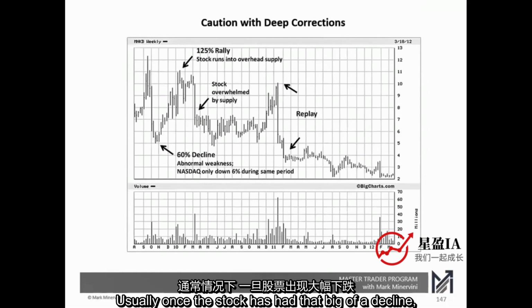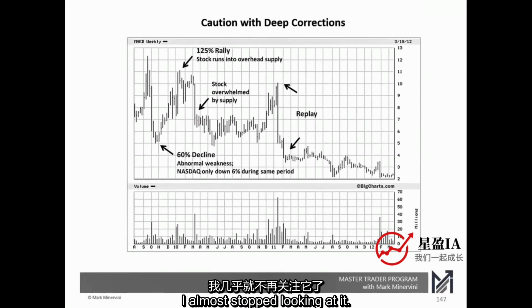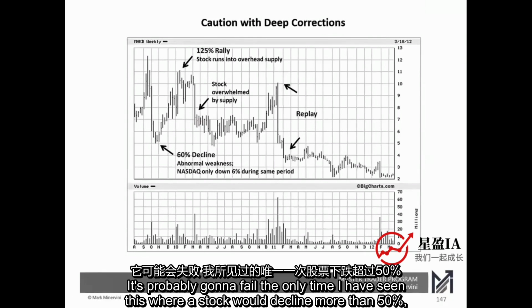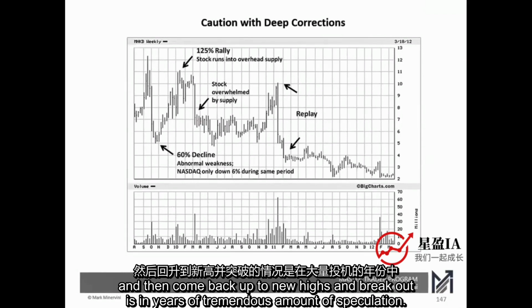And usually once a stock has had that big of a decline, I almost stop looking at it, because I just know it's going to take too much energy to get back up to the highs, and it's probably going to fail. The only time I have seen this where a stock would decline more than 50% and then come back up to new highs and break out is in years of tremendous amount of speculation.